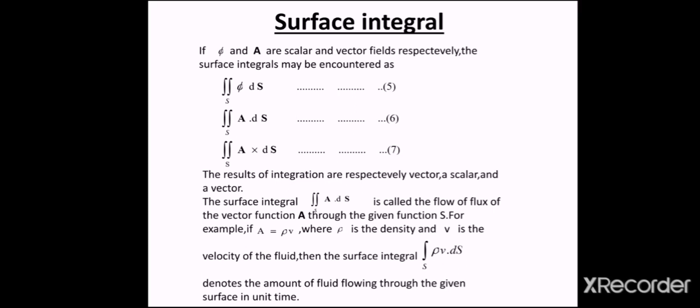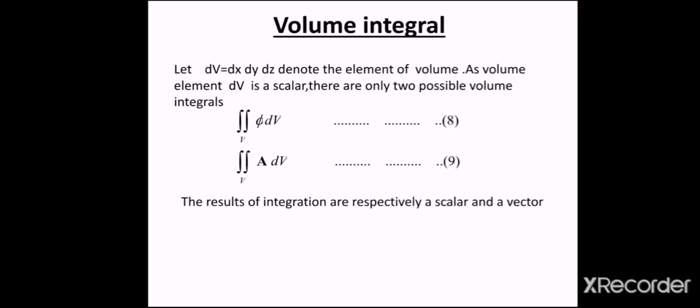The surface integral double integral over S of A dot ds is called the flow or flux of the vector function A through the given surface S. For example, if A equals rho v, where rho is the density and v is the velocity of the fluid, then the surface integral over S of rho v dot ds denotes the amount of fluid flowing through the given surface in unit time. That is all about surface integral.